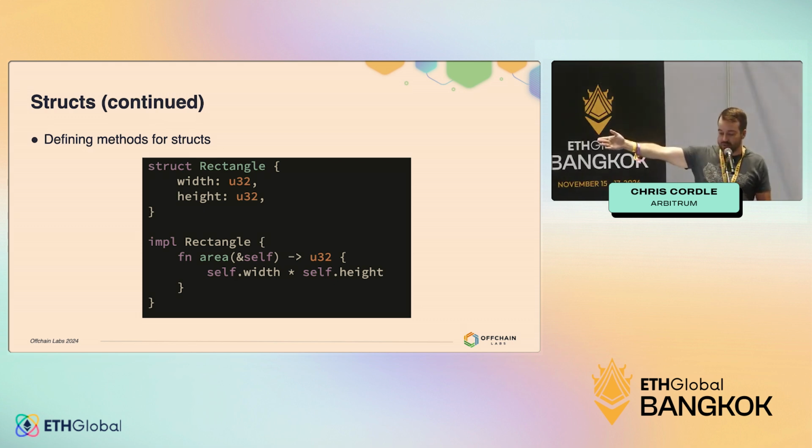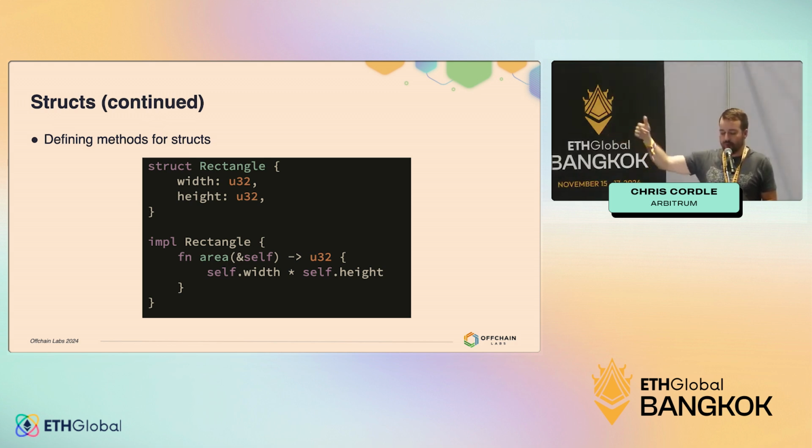Here is what I mentioned earlier with impl. Right here, we're creating an area method on this rectangle. So we've got the rectangle struct that we defined above, and then the impl Rectangle. Impl, you can think of as implement. This is how you attach methods to a struct by default.